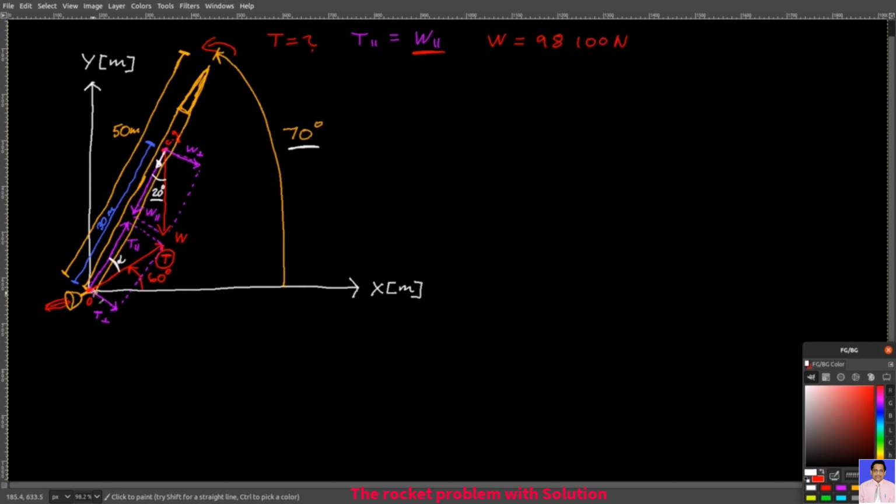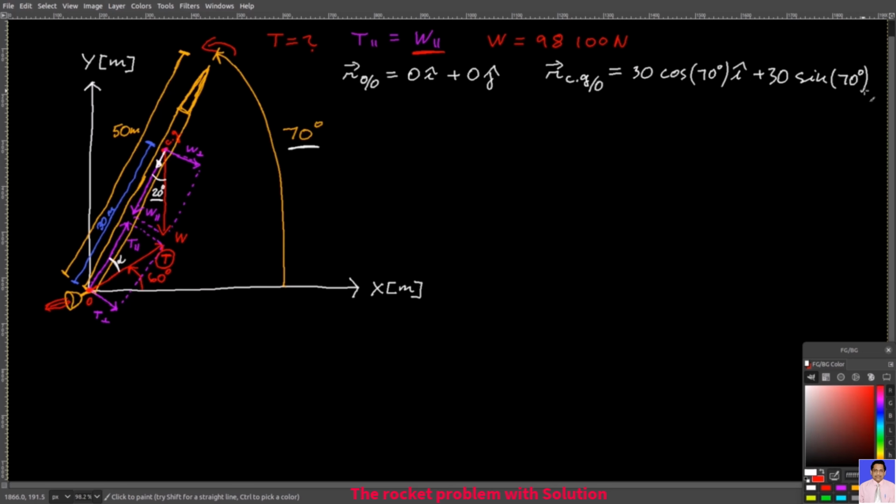So first of all, the position vector of this O point, let's call it O with respect to O, is 0i plus 0j. And then the position vector of this point, the center of gravity, let's call it CG, with respect to this origin, is 30 times cosine 70 degrees times i plus 30 times sine 70 degrees times j.